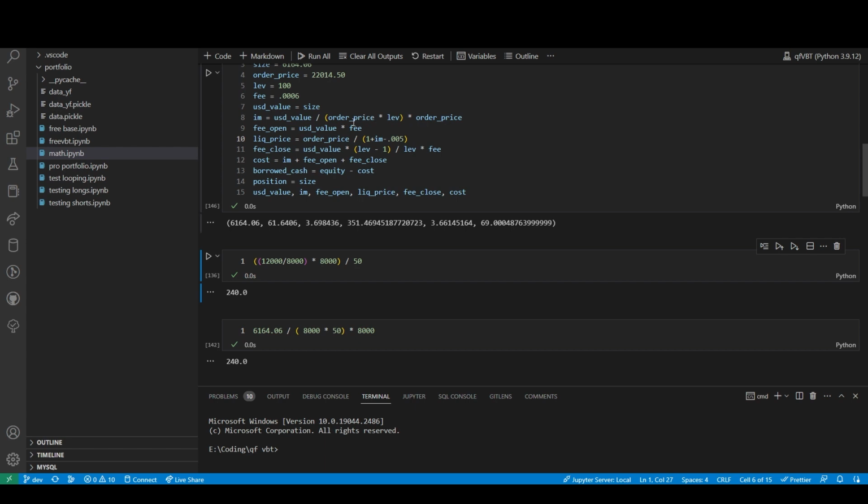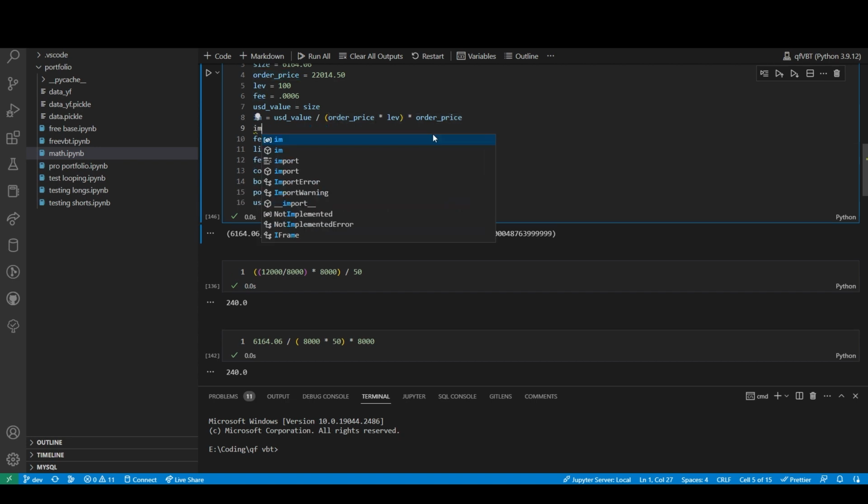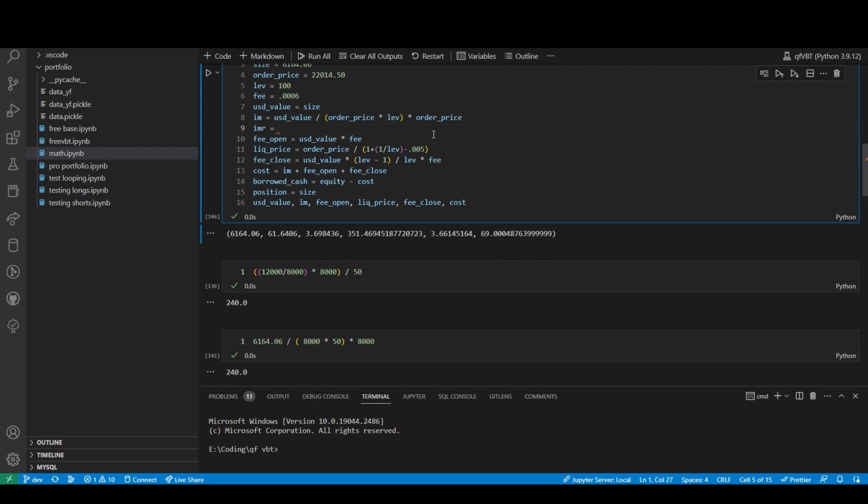Oh, initial margin rate. 1 divided by leverage. I keep forgetting about that. IMR equals 1 divided by leverage. IMR, and this is MMR.